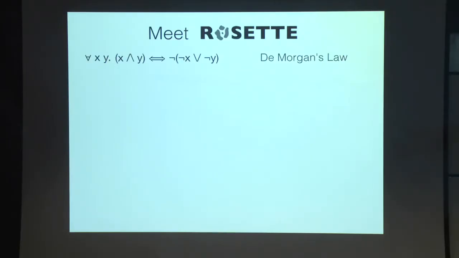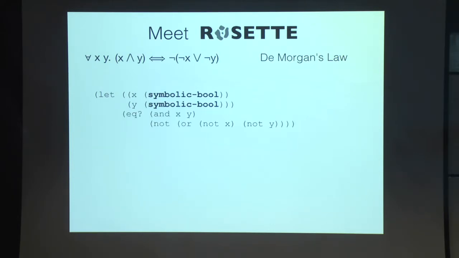So in this example, we're going to verify De Morgan's law in Rosette. So how we do this is that we create two symbolic Booleans, x and y, that correspond to the for all quantifier. Then we're going to have an expression here that represents our formula up here.